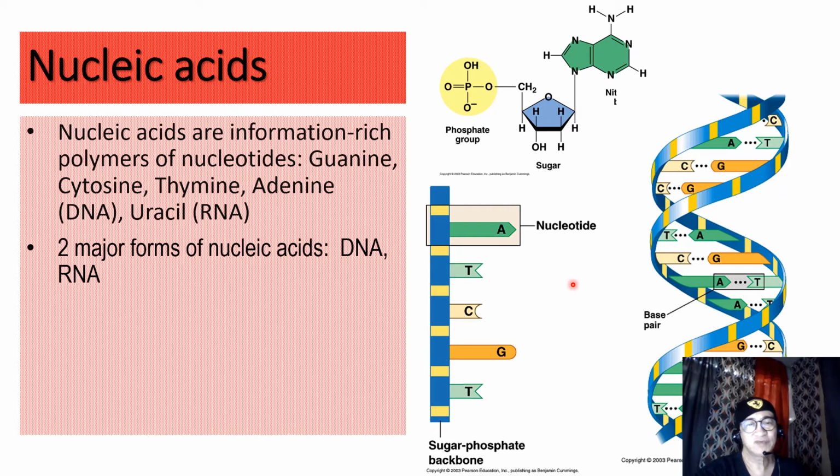There are two major forms of nucleic acids in the animal cells. This includes DNA, which is shown here in this figure, composed of two long chains of nucleic acids that are intertwined around each other with their nitrogenous bases held in hydrogen bonds, and their sugar phosphate backbone form the rungs of what looks like a ladder, a helical ladder.